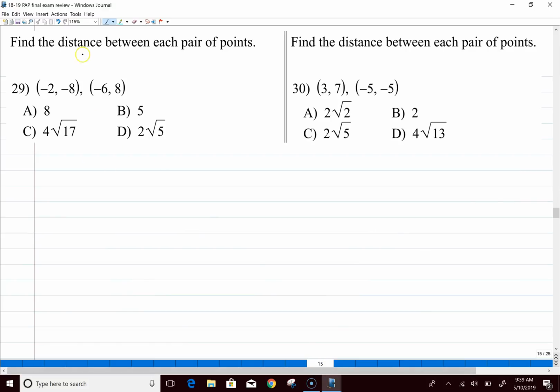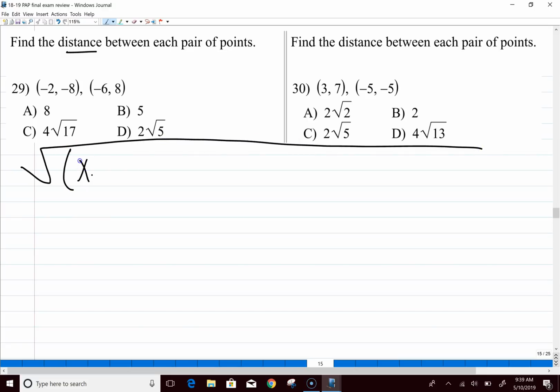Oh, distance formula. Distance. x2 minus x1 squared plus y2 minus y1 squared. This is x1, this is y1, this is x2, this is y2.